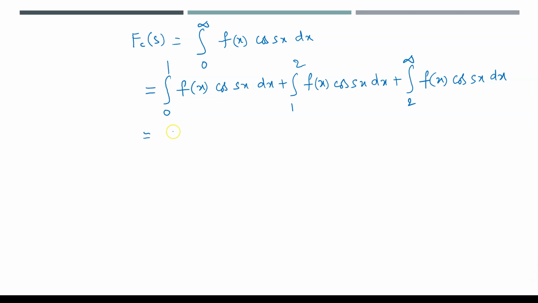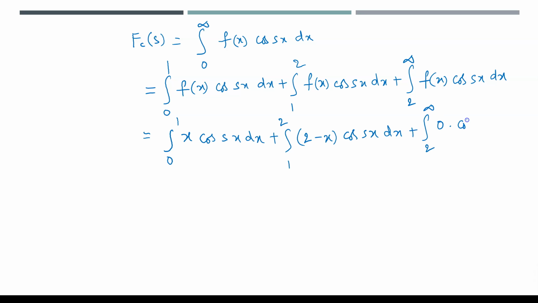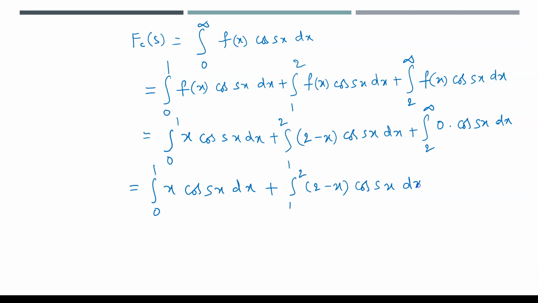In the first interval, the value of this function is x, so x cos sx dx. In the second interval, f(x) is 2 minus x, so (2 minus x) cos sx dx, plus in the third interval the function is 0, so 0 into cos sx dx. So we have to evaluate only the first 2 integrals: integral 0 to 1 x cos sx dx plus integral 1 to 2 (2 minus x) cos sx dx.